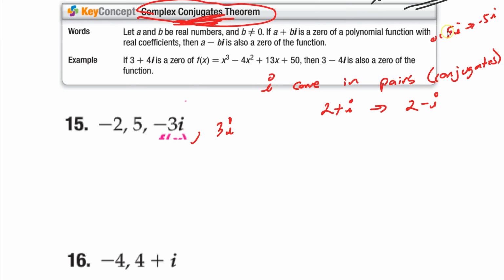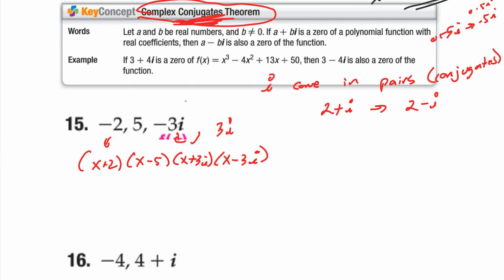It's like 0 plus, 0 minus. So they always come in pairs. Just like the other one, put that in this form: x plus 2, x minus 5, x plus 3i, and the last one, x minus 3i.